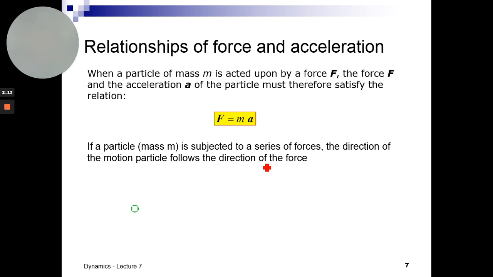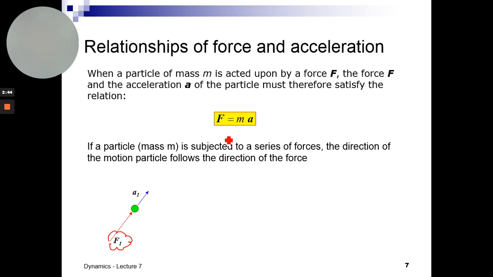This is Newton's second law, where force is equal to ma, where m is mass and a is acceleration of the particle. Taking an example, this green particle is induced by the external force F1 in the red arrow direction.